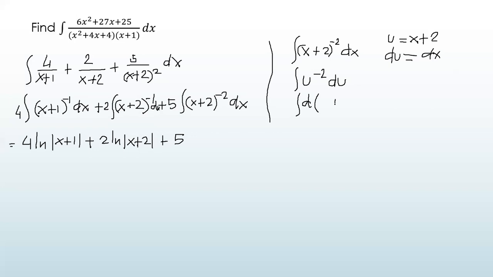Negative 2 plus 1 equals negative 1 here, and 1 over negative 1, and it's going to be negative 1 over u plus c.